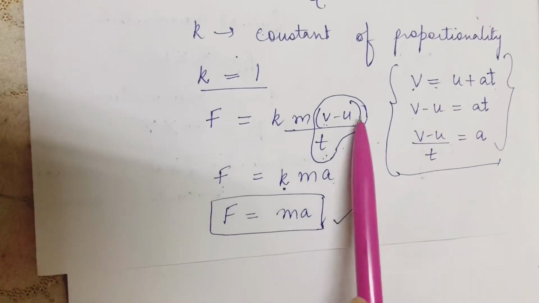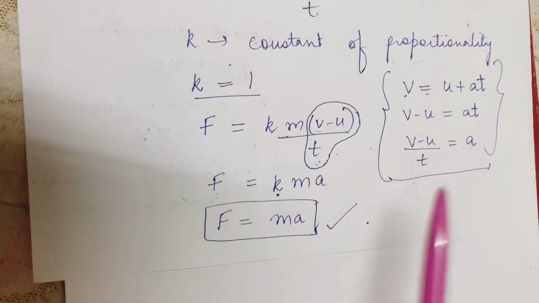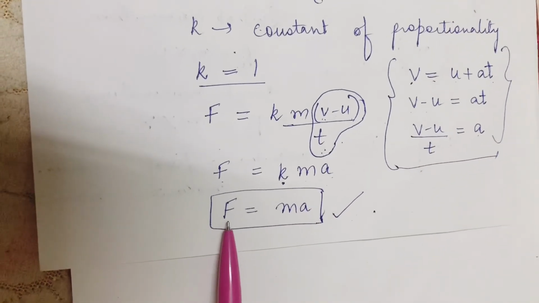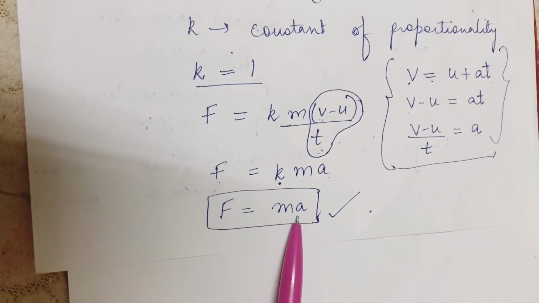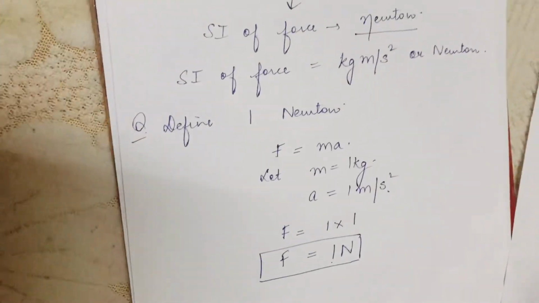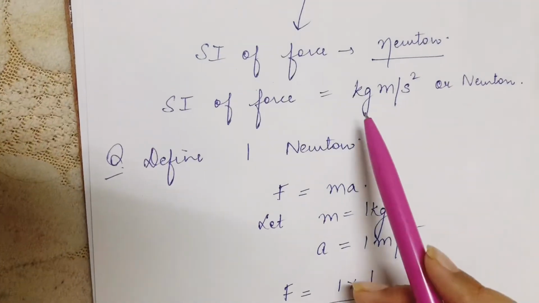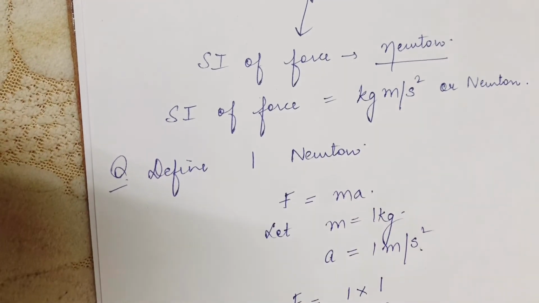From here I eliminated this value and I have written a instead. So what is the relationship of force and acceleration? They are directly proportional. We also discussed that the SI unit of force is either kg meter per second square or Newton. Hope this is clear to you.